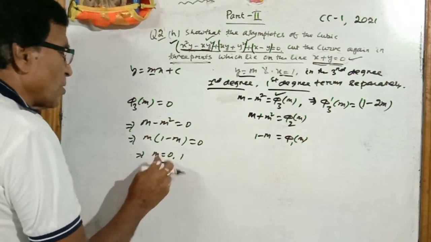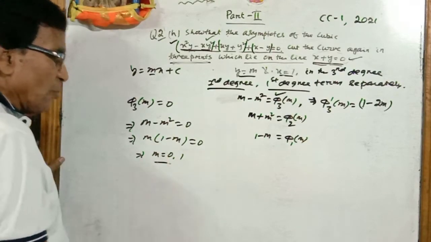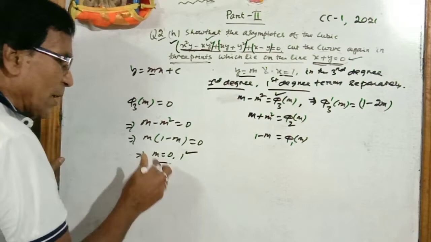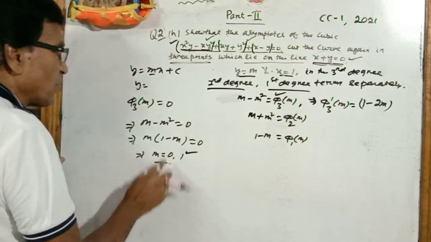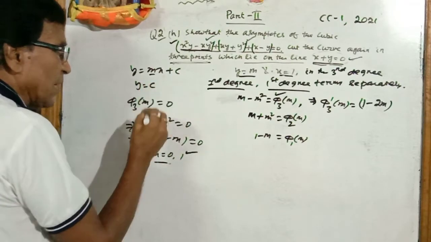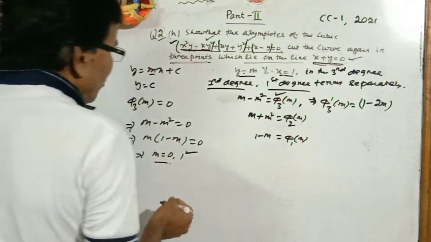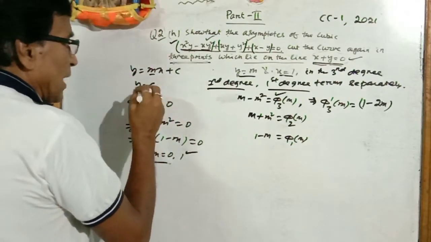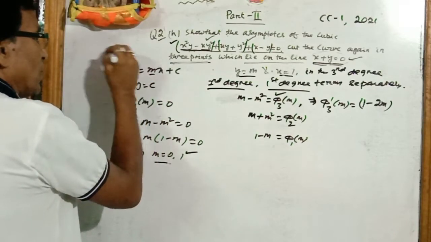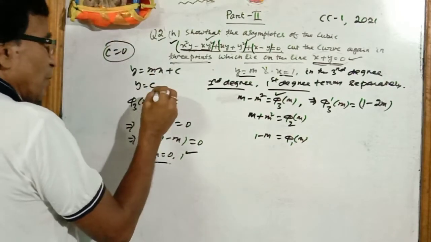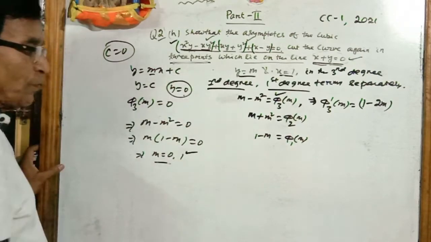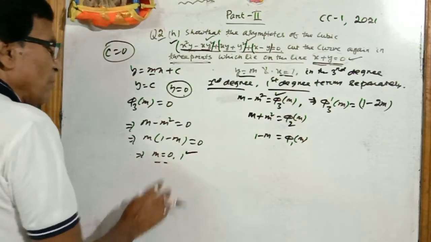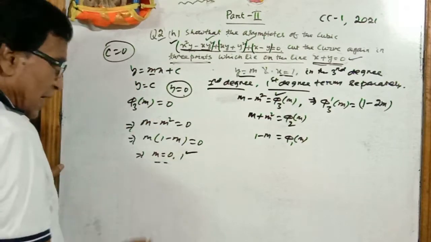So you need not substitute m is equal to 0. With that we have got the value of c to be 0. So the horizontal asymptote we have already obtained, y is equal to 0. So you need not find the horizontal asymptote.